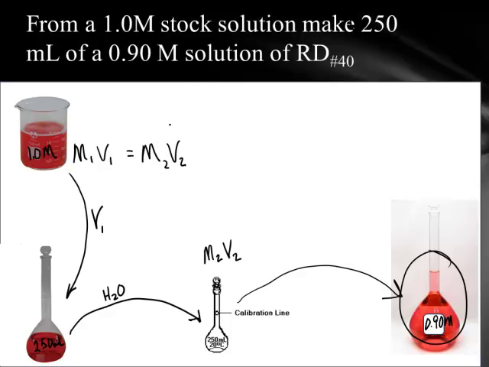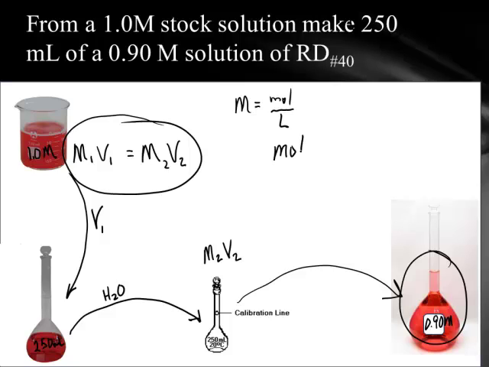Now, how does this equation actually work? Why does it work? Well, it works because of this. Remember, molarity has the units moles divided by liters of solution. Now, molarity, if it's moles divided by liters of solution, and we multiply that by volume in liters, you will notice that the result is simply moles.